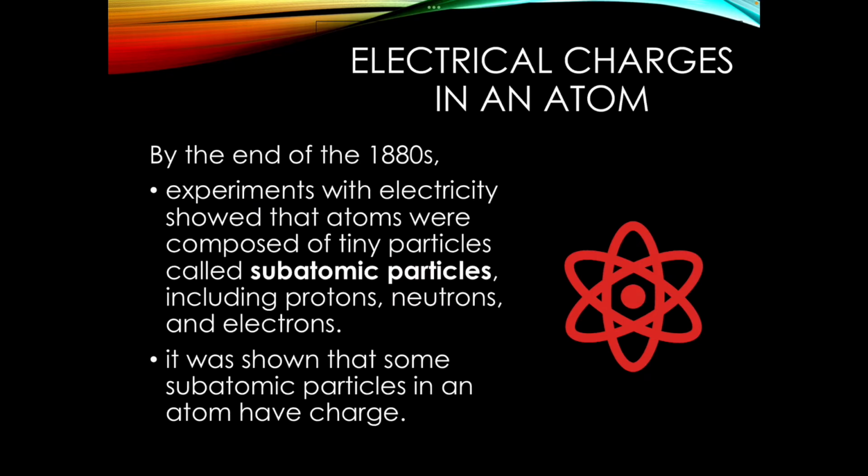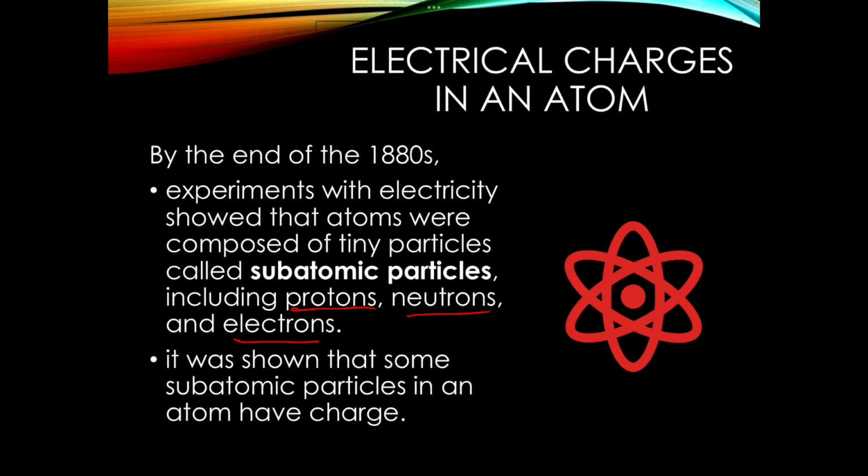So flash forward a bit more, by the end of the 1880s. He was in the early 1800s, now we're in the 1880s. A lot of the scientists were doing experiments with electricity, and they were starting to show that atoms were composed of tiny particles called subatomic particles, like I said, protons, neutrons, and electrons.